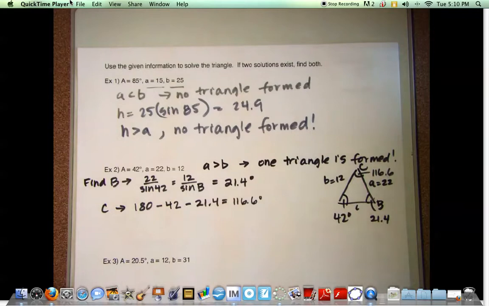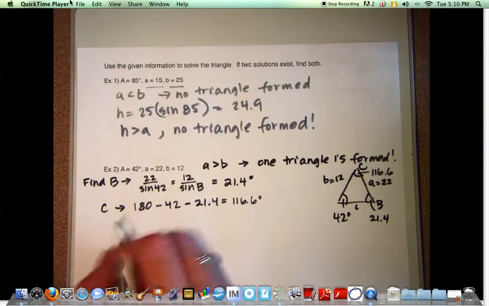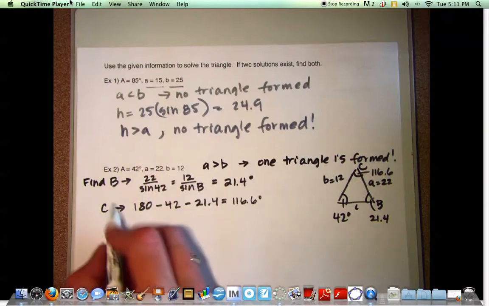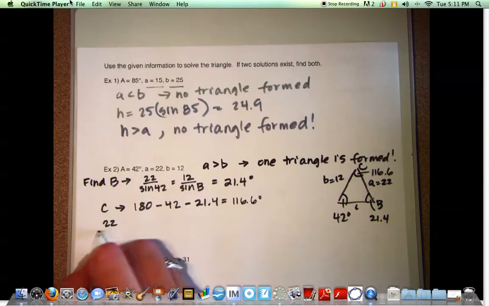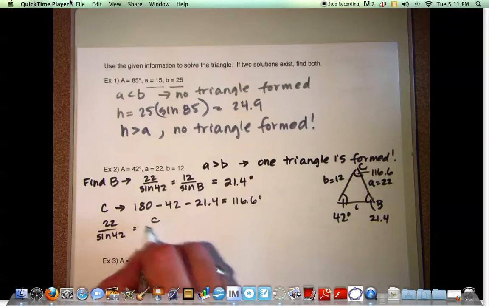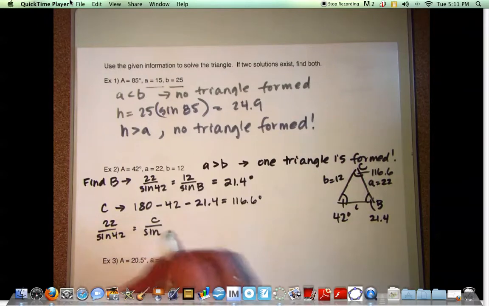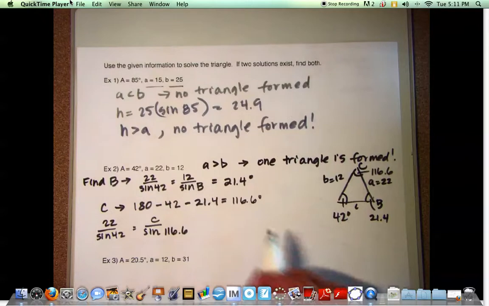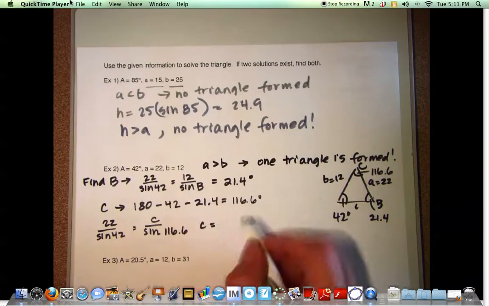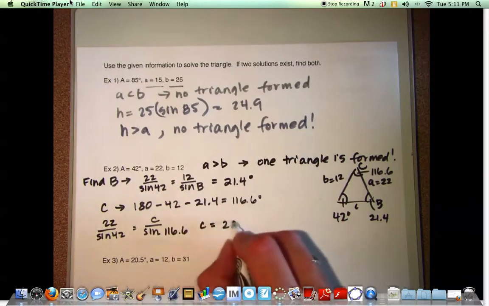Now the last thing that we need to find is length c. Use your values from A because those are given. So 22 over sine of 42 equals c over sine of 116.6. And then we find that c is equal to 29.4.